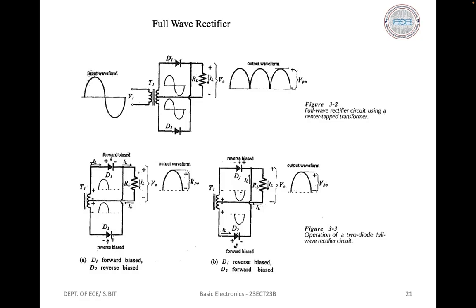So D1 is forward biased and load current IL flows from the top of the transformer secondary through D1, through RL from top to bottom and back to the transformer center tap. During this time, the polarity of the voltage from the bottom half of the transformer secondary causes diode D2 to be reverse biased.